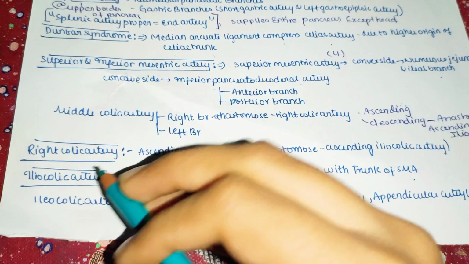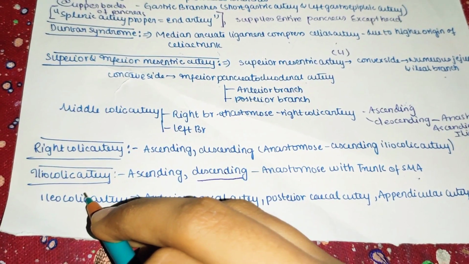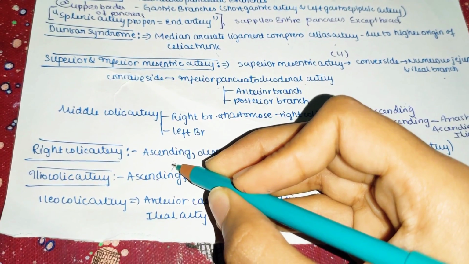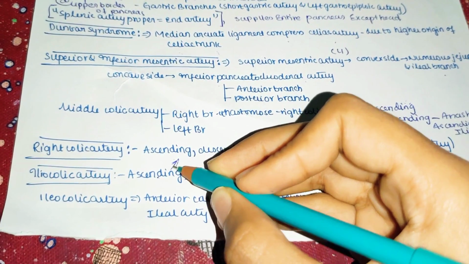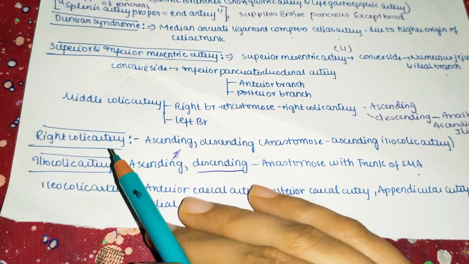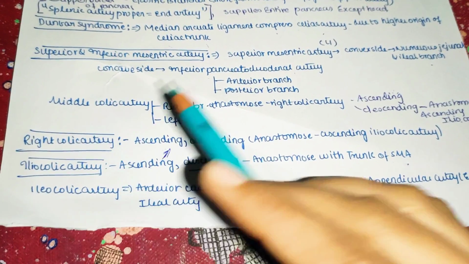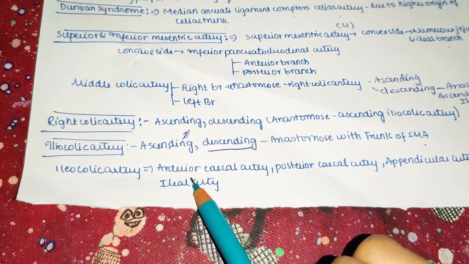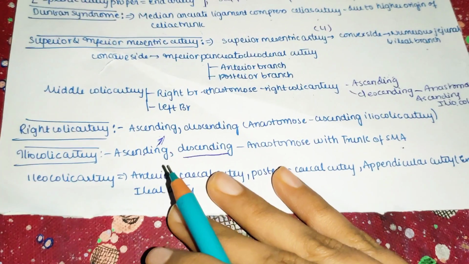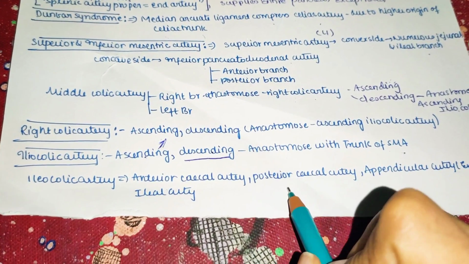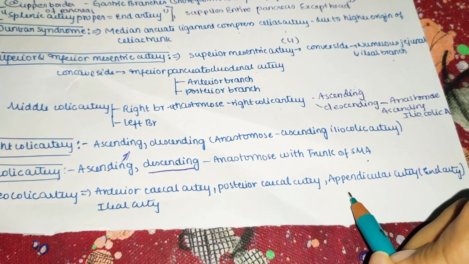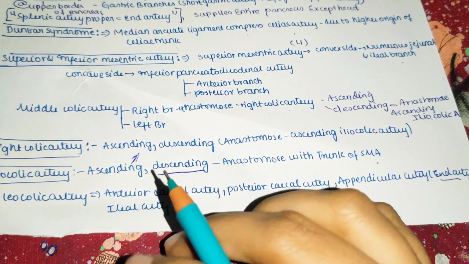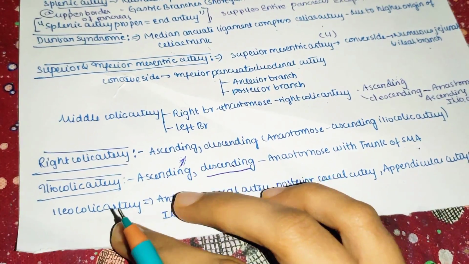But the ascending branch of the ileocolic artery will anastomose with the right colic artery. Okay, and we already said this here. Now the ileocolic artery gives many branches like the anterior cecal artery, posterior cecal artery, appendicular artery, which is again an end artery, and an ileal artery. So these are the different branches of the ileocolic artery.